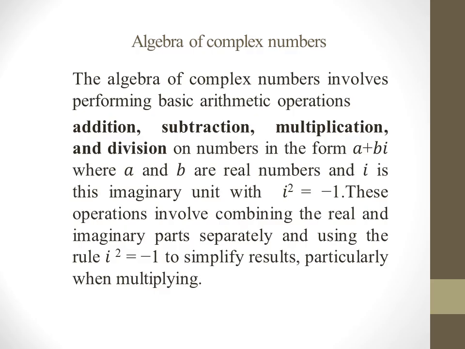These operations involve combining the real and imaginary parts separately and using the rule i square equal to -1 to simplify the results, particularly when multiplying.